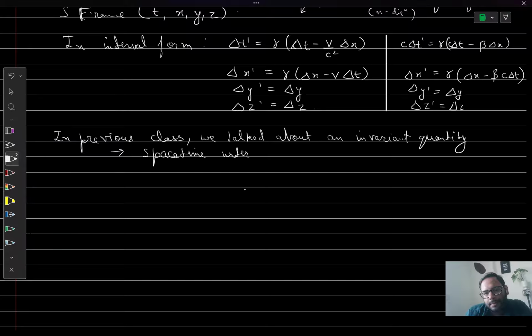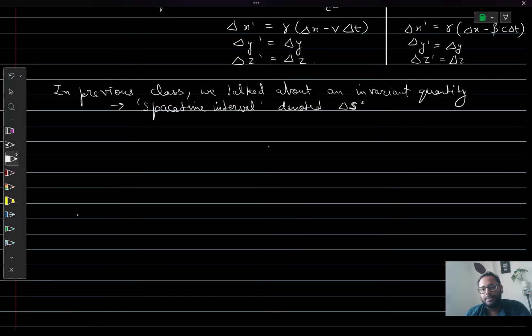It is the square of the magnitude of the infinitesimal distance in four-dimensional space-time, denoted by delta s squared.